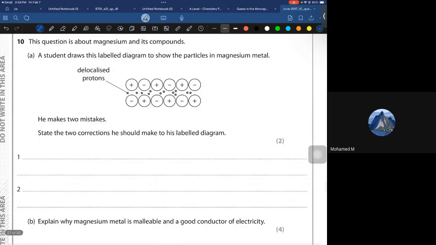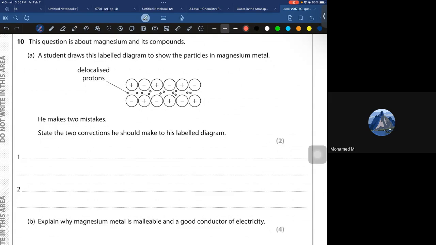A student makes two mistakes. What's the mistake? Delocalized protons are not supposed to be there. It's supposed to be delocalized electrons.